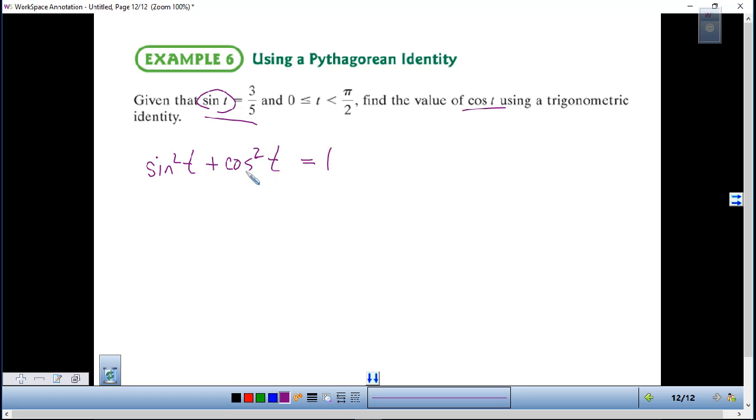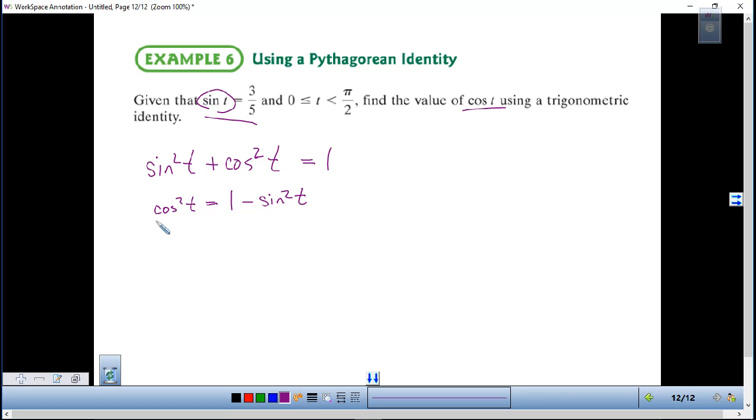I'm looking for cosine t, so I need to move that to the other side. I'm going to do the algebra first. I want cosine squared t by itself. So cosine squared t is equal to 1 minus sine squared t. And I don't want cosine squared t, I actually want cosine t. So that's where I'm going to take the square root of both sides.